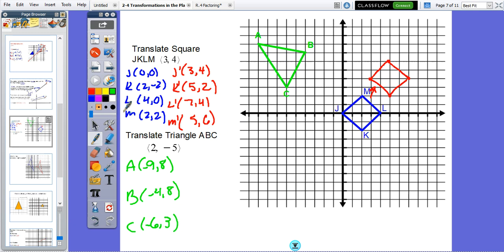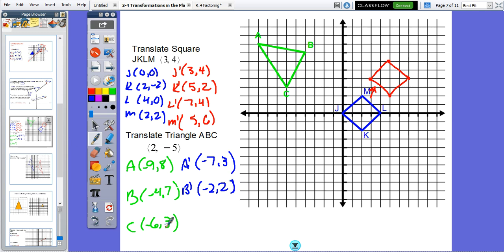So when you shifted that along this vector, we would have got A prime to be at -7, 3. We would have got B prime at -2, 3. Oh, I put 8 right there. That's not right. I know what I did wrong. There you go. That should be 7. So then that changes this right here to 2. That's right. There we go.